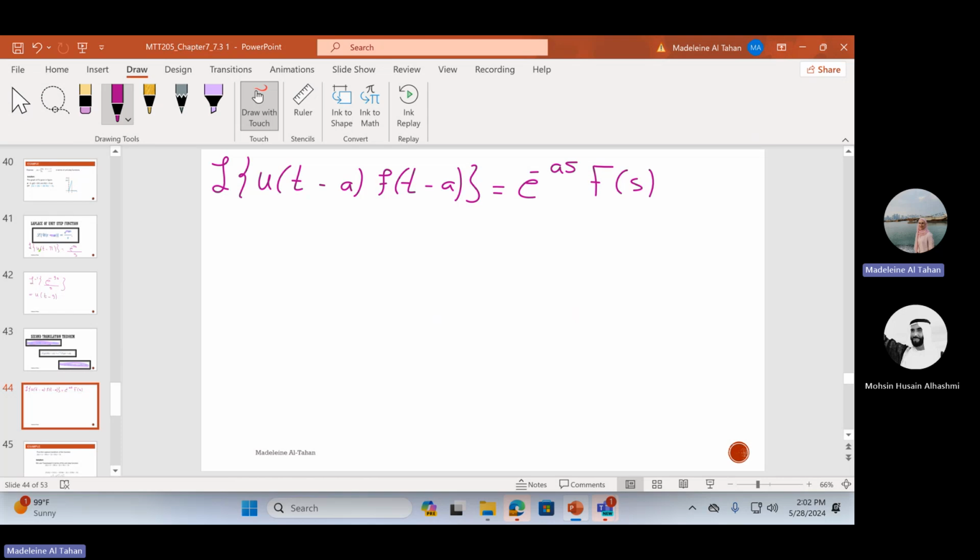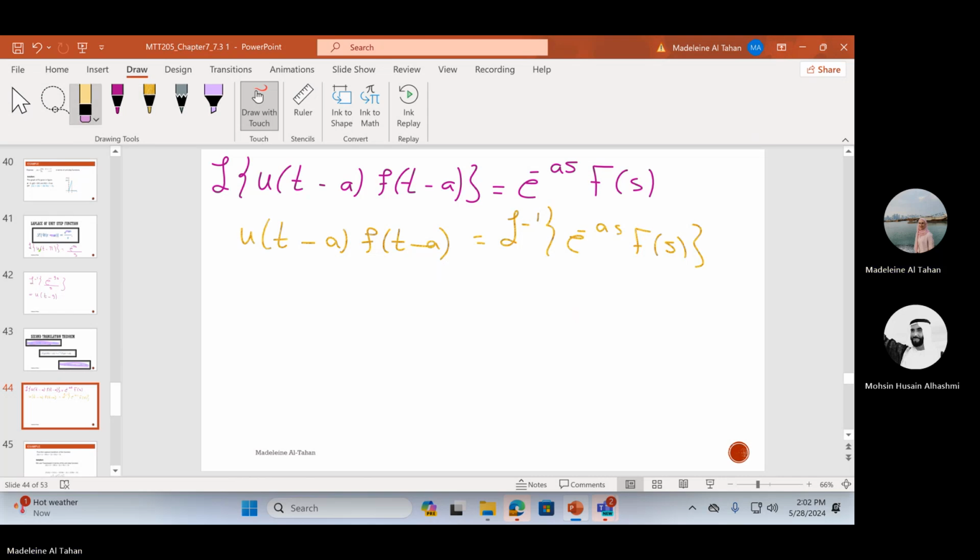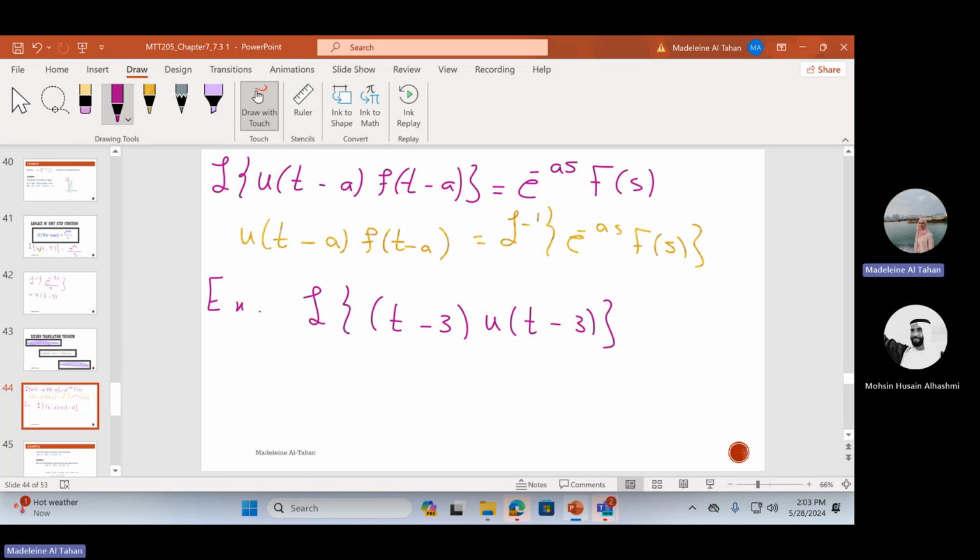So what does this mean? The inverse Laplace of this side is equal to u(t - a) multiplied by f(t - a). Please write the formulas. After writing the formulas, think about this exercise.